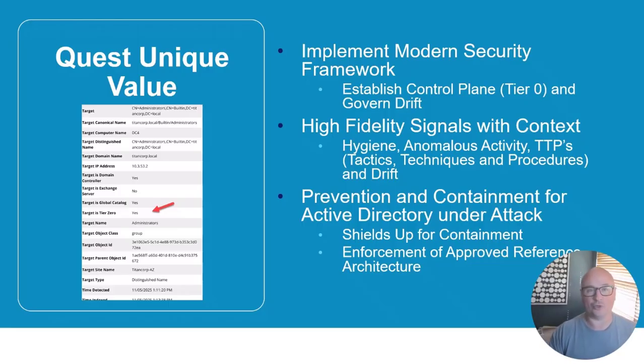Identity is the new perimeter. You keep hearing that phrase. I'd argue that identity is the original perimeter. What we're doing with Security Guardian is combining your hygiene information, what an attacker could do, with a baseline of activity so we can see when abnormal activity is occurring.